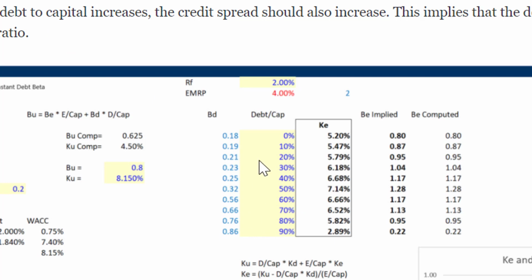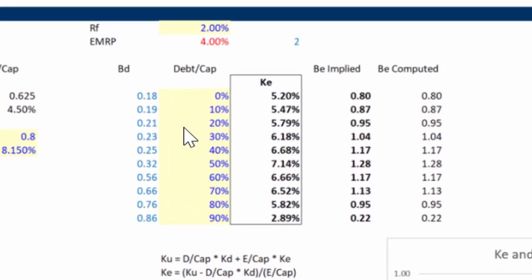You could try some sort of mechanical way to do this. You could do some kind of correlation of the credit spread against the debt to capital ratio. You could even try to do a simulated bond rating based on that. I've addressed that elsewhere, but the key point is the debt beta is not zero, first of all, and secondly, it increases.